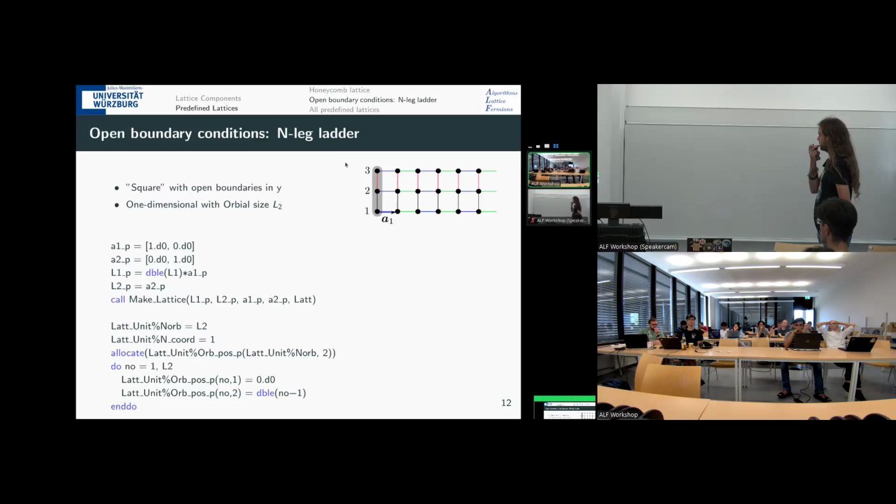But in terms of ALF or in terms of Bravais lattice, it's a one-dimensional system, because you only have the translation invariance in x direction, and therefore all the sites in y direction live in the same unit cell. So the structure of these 3 sites is all saved in the unit cell, because they all live in one unit cell. And in terms of the Bravais lattice, this is just a one-dimensional object.